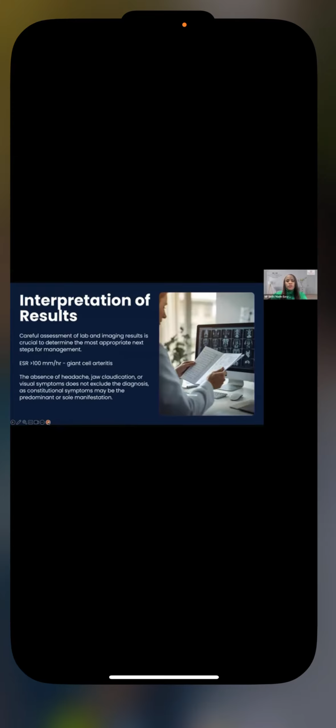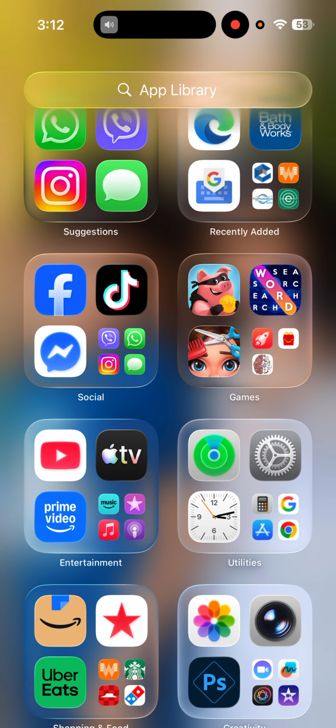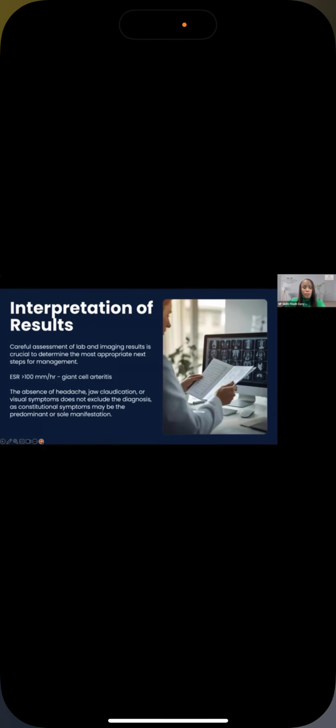So whenever you order the labs and they come back, you want to carefully assess the lab and the imaging results. This is crucial to determine what the next steps would be. With ESR greater than 100, you want to have a high index of suspicion that this patient has giant cell arteritis. Again, the absence of headaches, jaw claudication, or visual symptoms does not exclude the diagnosis.